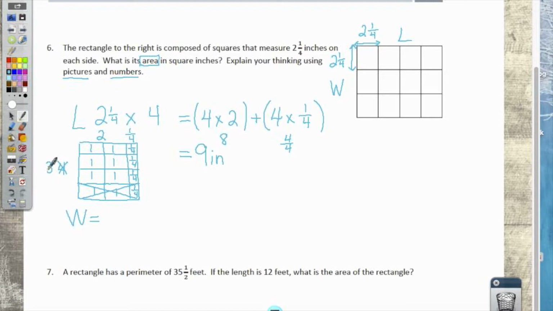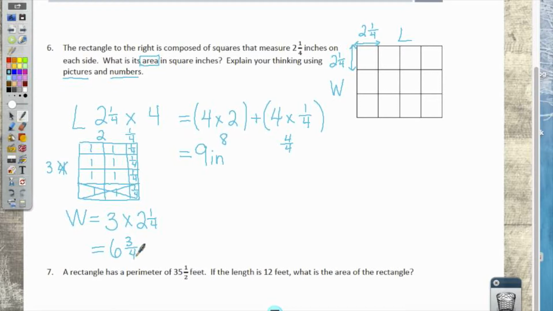And I'm going to do 3 copies of 2 and 1/4. So I've got 6 and 3/4.